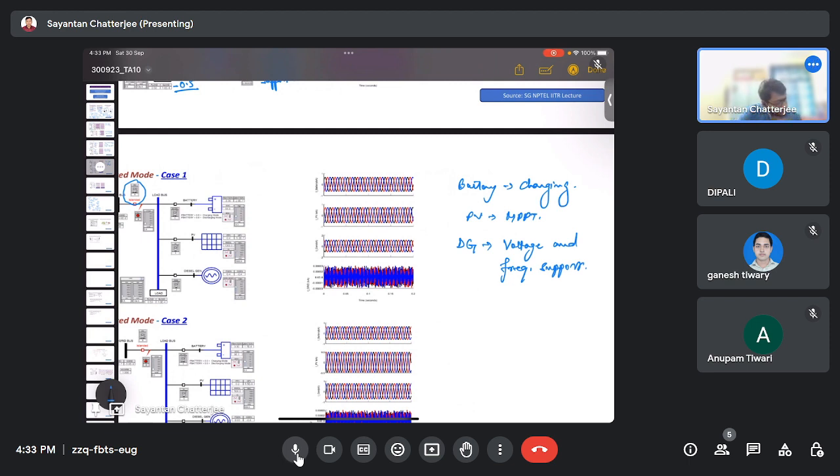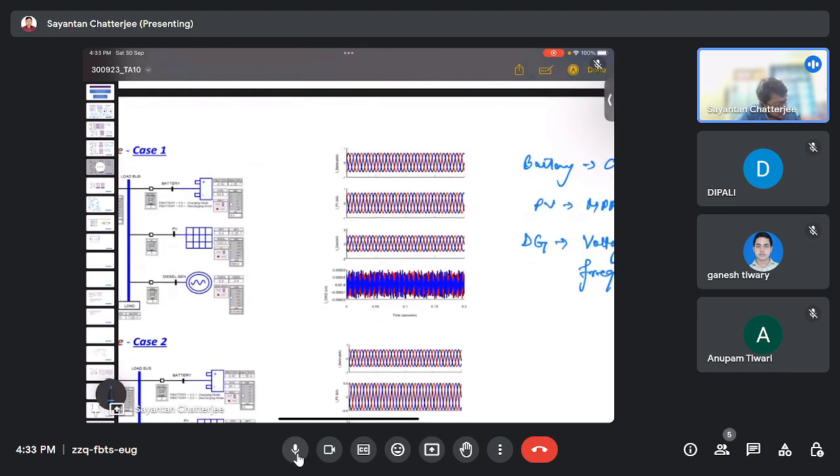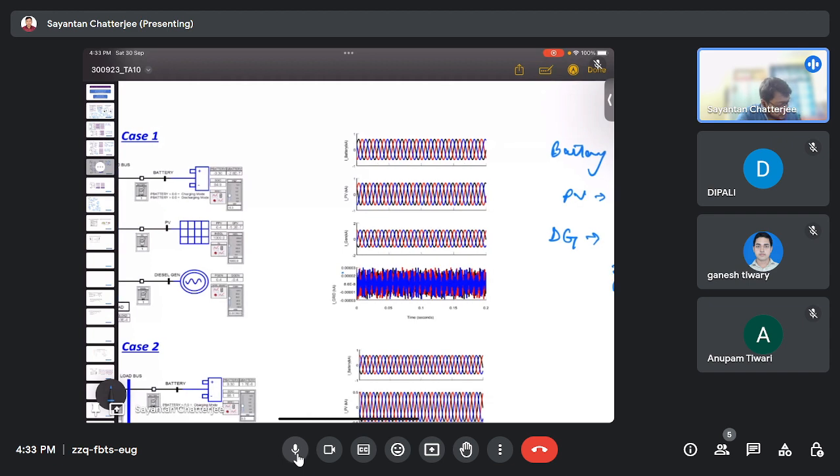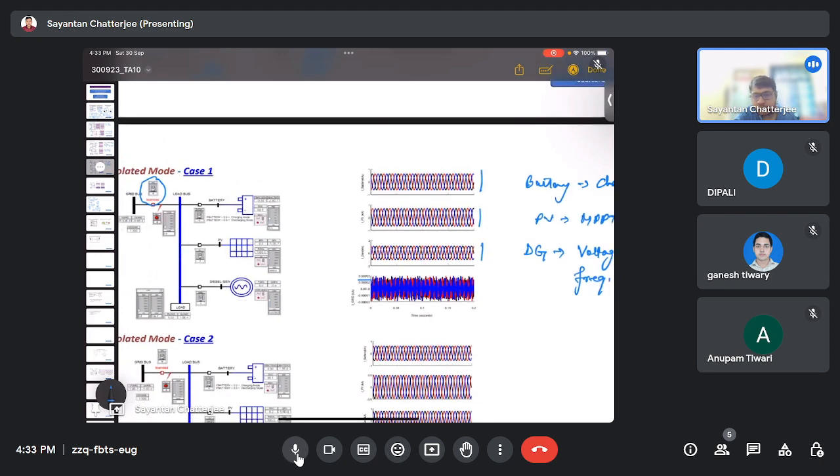So again we can observe that since the grid side is disconnected, the grid side current is zero, and in the entire steady state operation, the battery, PV, and the diesel generator are all feeding in a steady state mode of operation.